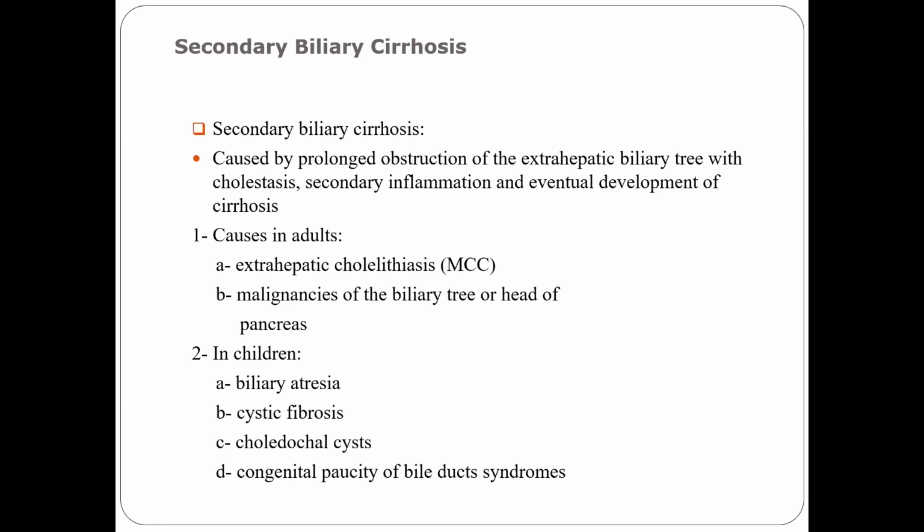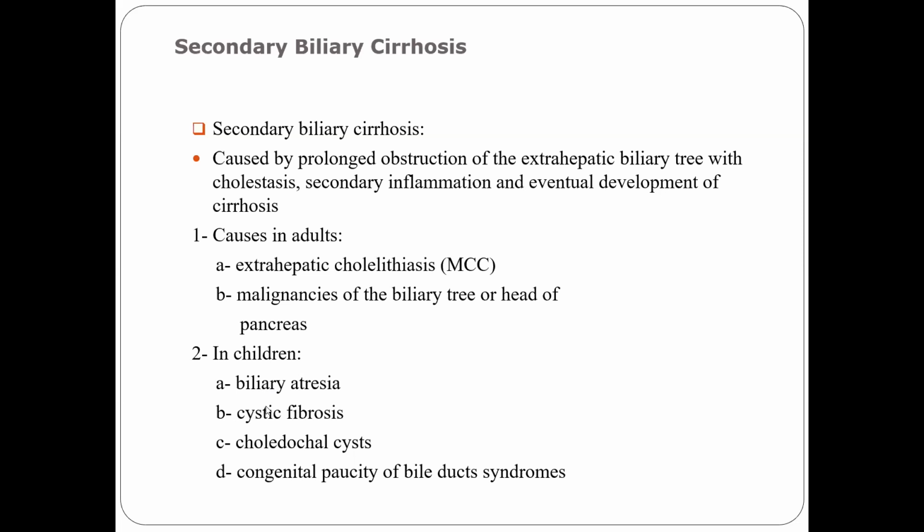Now, the most common cause that logically comes to mind is extrahepatic cholelithiasis. But there is a long list of things that may result in that. How about a tumor that is arising in the bile tree, common bile duct, for example, in the head of the pancreas? This is what you see in adults. In children, it could be that the bile duct is going to end up in a blind pouch.